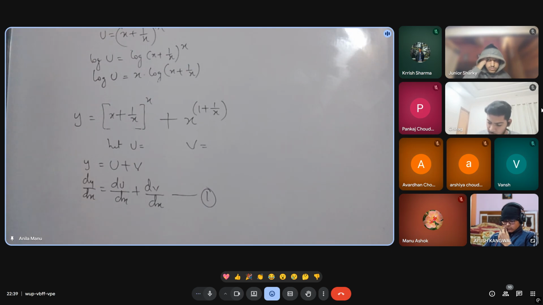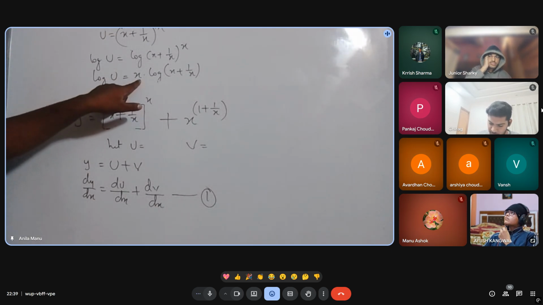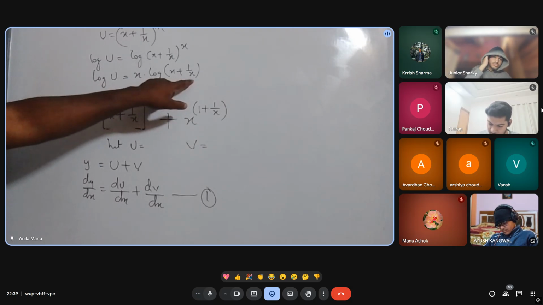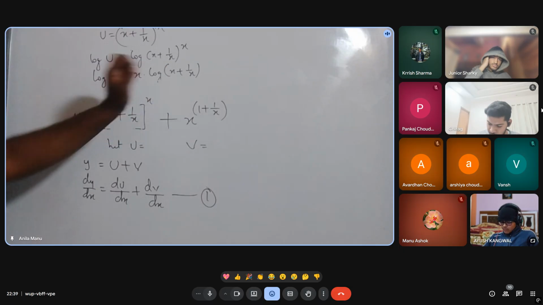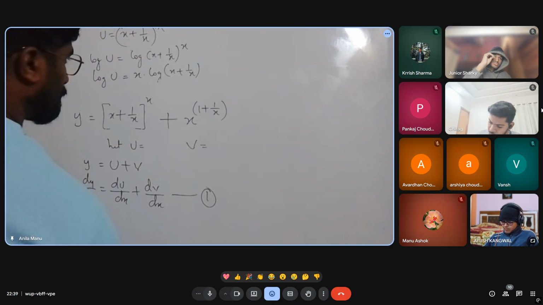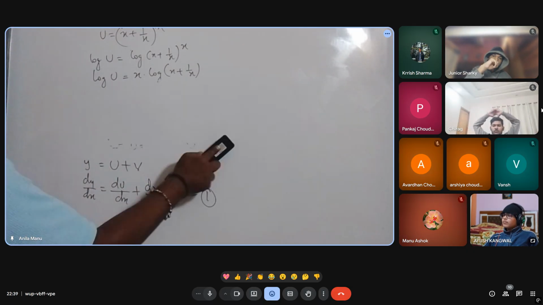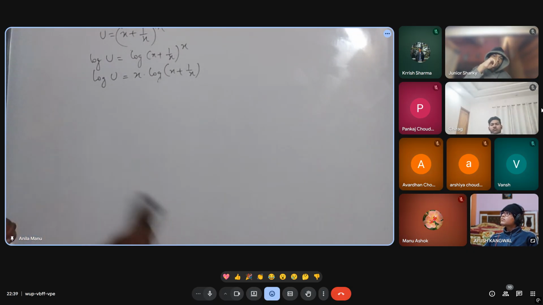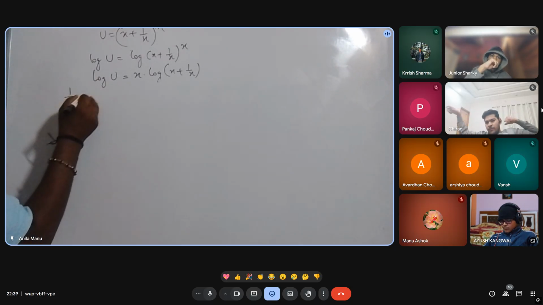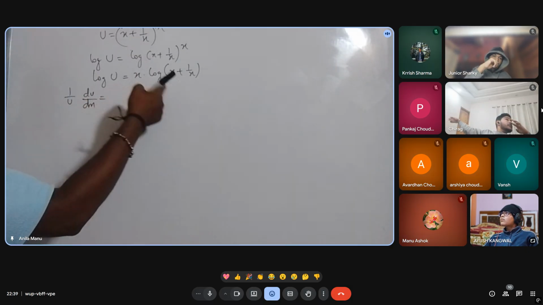Okay. Now, when you consider the right hand side, we have product of two functions. x is the first function, log of (x plus 1 by x) is the second function. So differentiate both sides with respect to x. So derivative of log u is 1 by u du by dx, is equal to product rule.